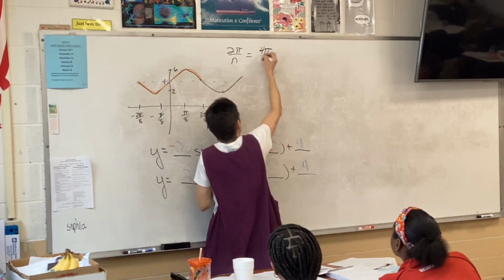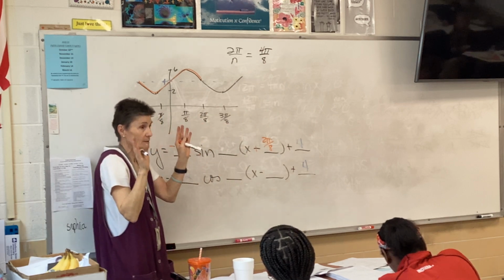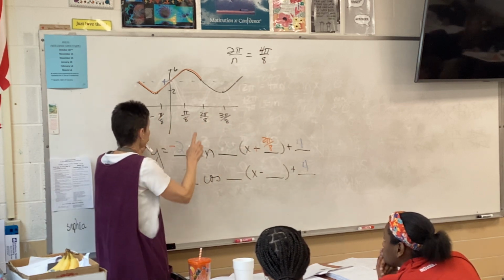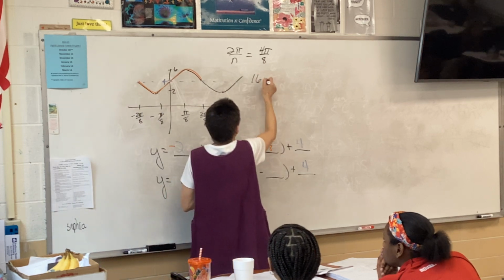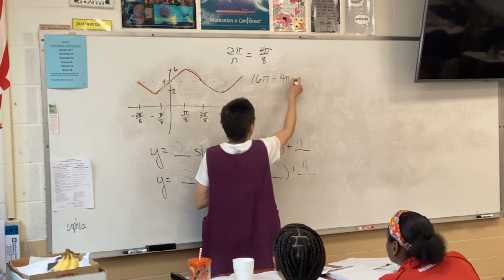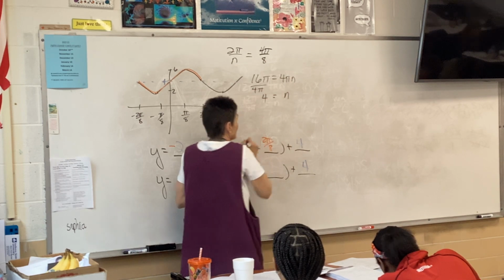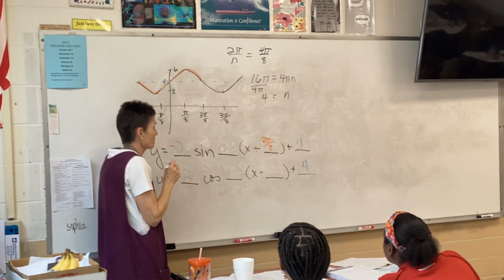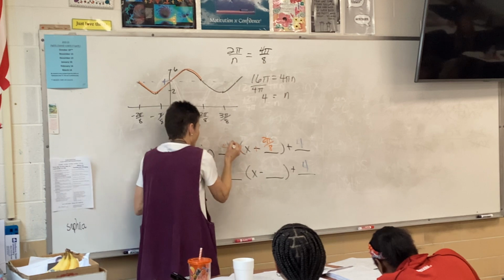I'm gonna leave it 4/8 so there's no confusion with anybody, but pi over 2 is fine. Same thing. Negative 2 to positive 2. So 16 pi equals 4 pi n, so it looks like, is n 4? Yeah. So this is going to be a 4.